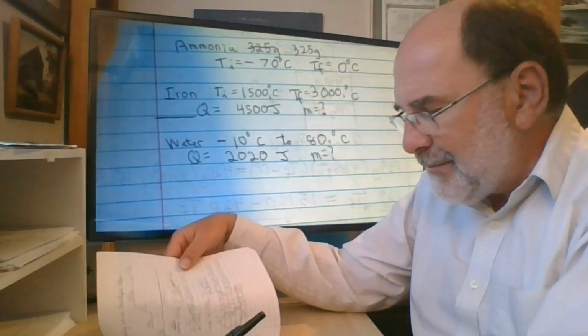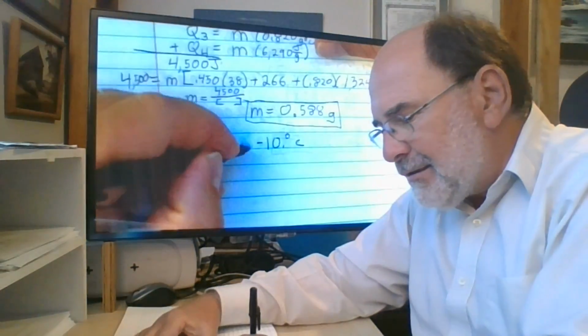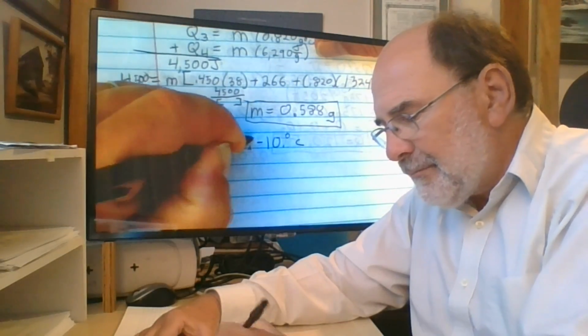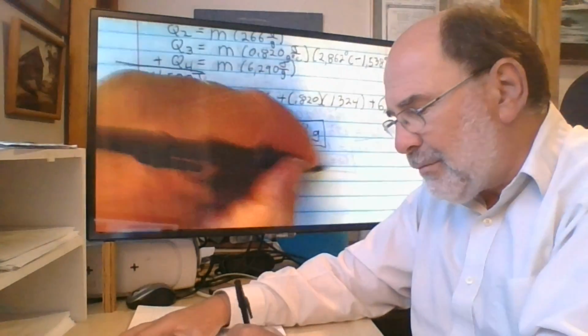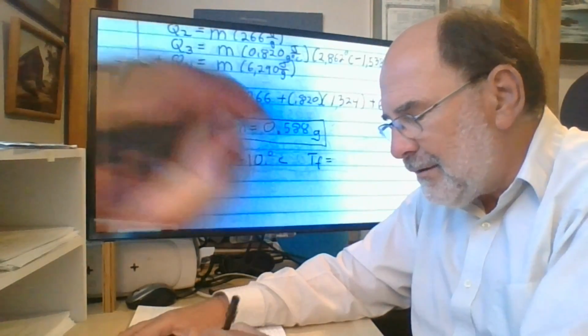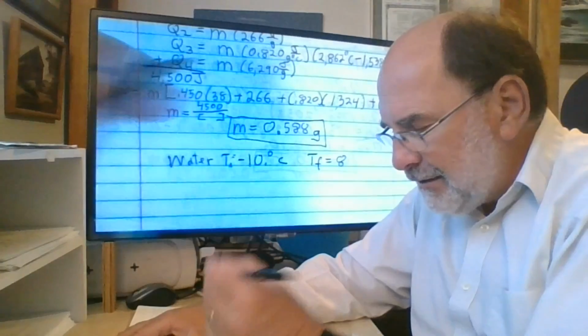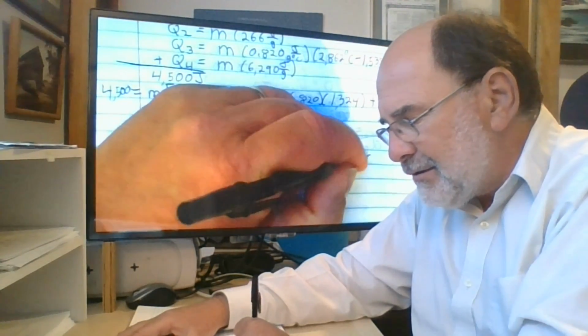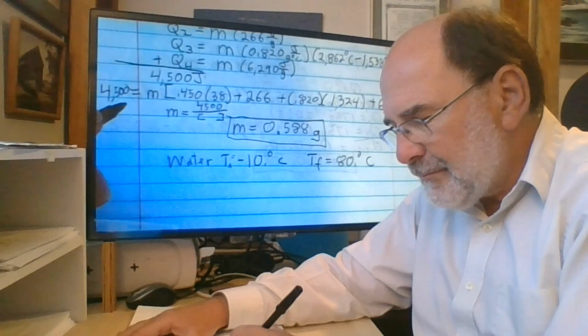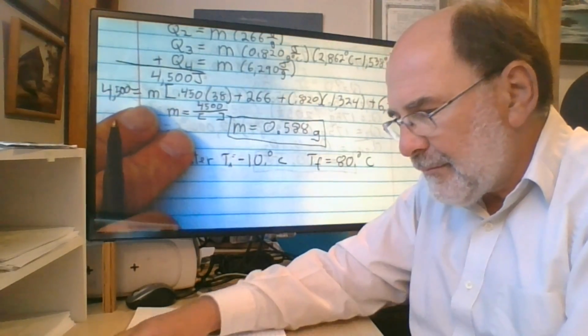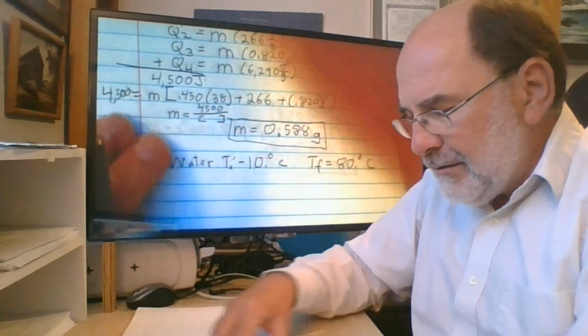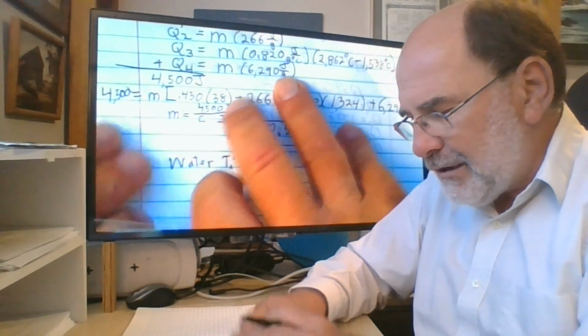I wrote down some random number. Okay, so that's the initial temperature. And I'm now going to heat this water to a final temperature of 80 degrees Celsius. And I think I decided I was going to have you solve for mass this time.